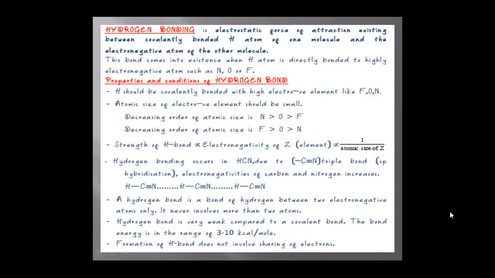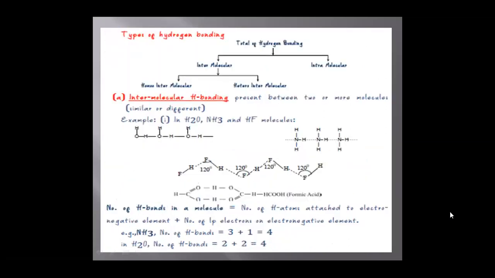The atomic size of the electronegative element should be small. The strength of the hydrogen bond is directly proportional to the electronegativity of the element. A hydrogen bond is a bond of hydrogen between two electronegative atoms only. It never involves more than two atoms.